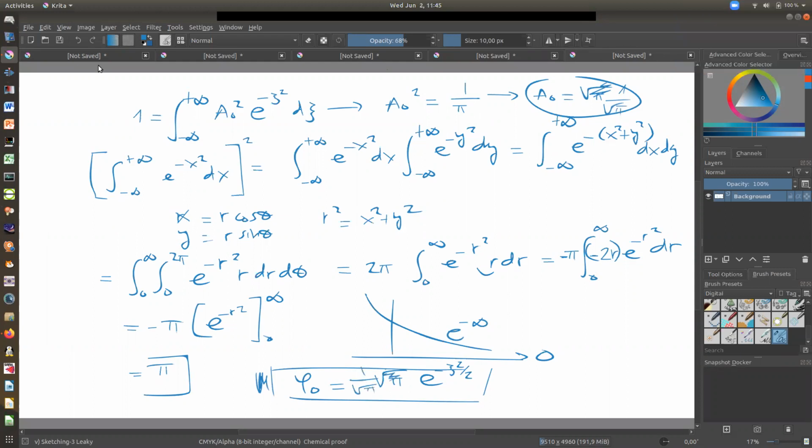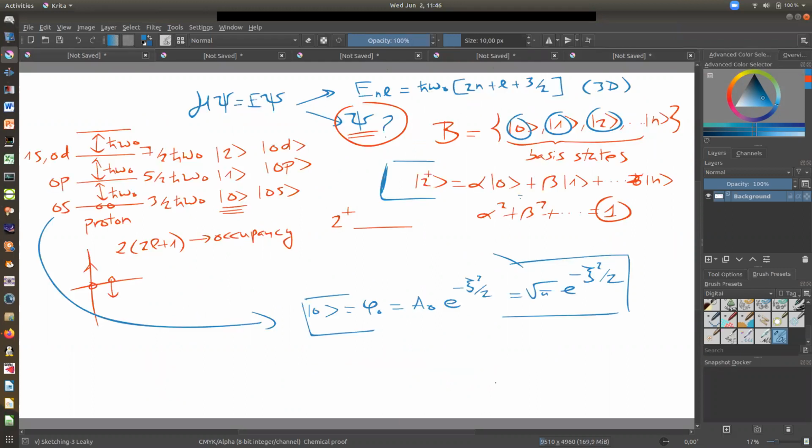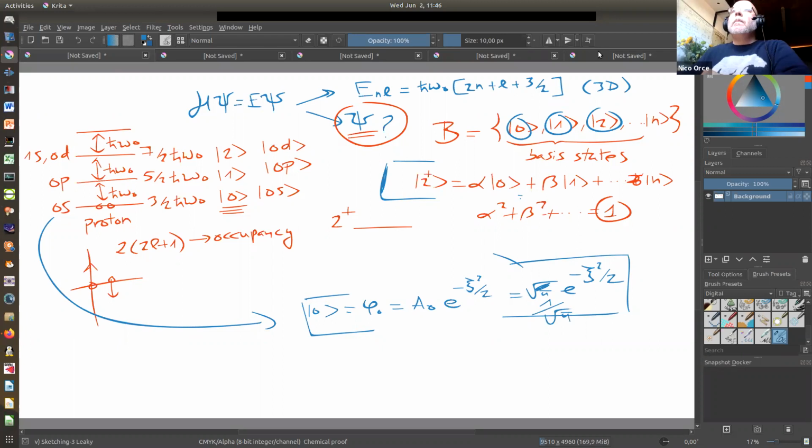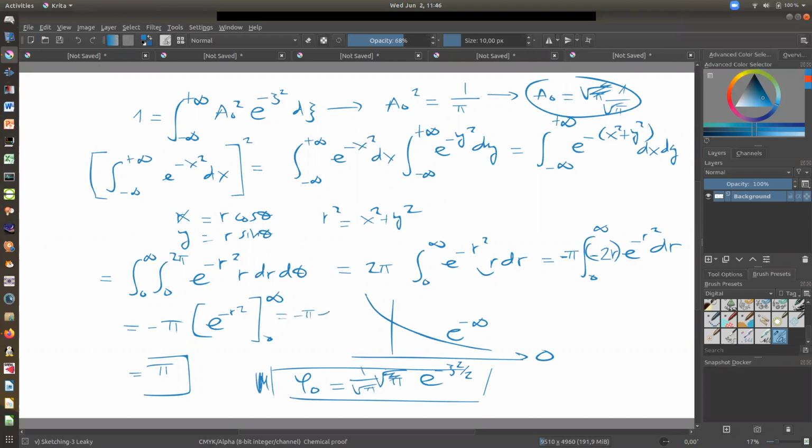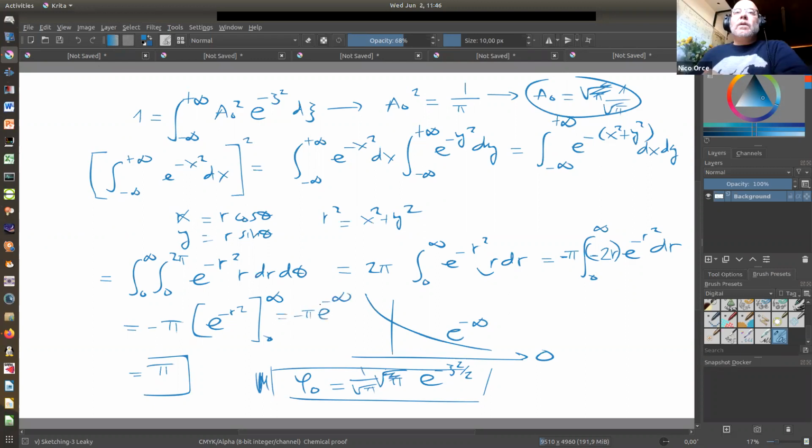When you were calculating, Prof, your pi was negative, and then your final answer is positive. Right, because this is equal to minus pi e to the minus infinity minus e to the 0.